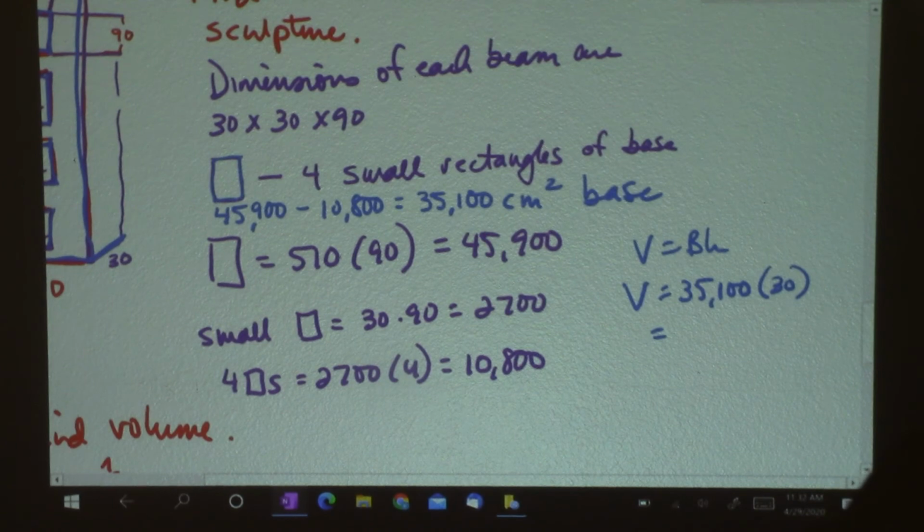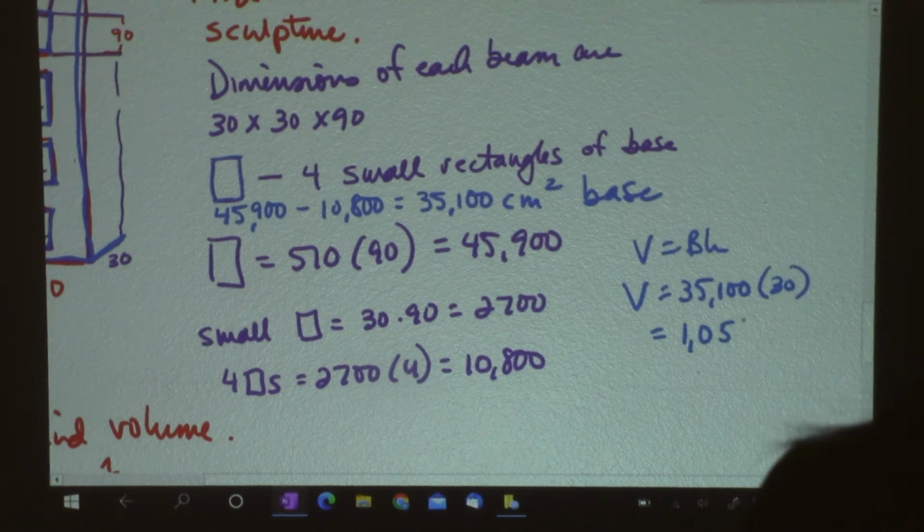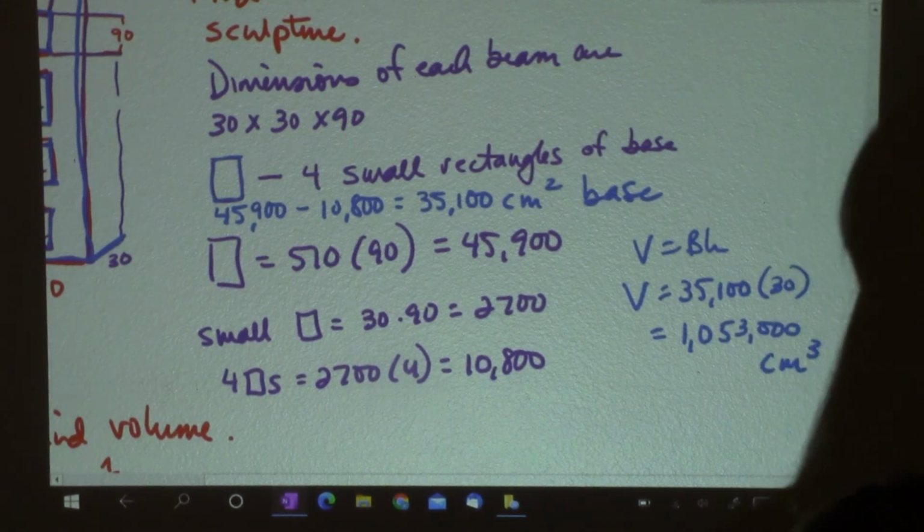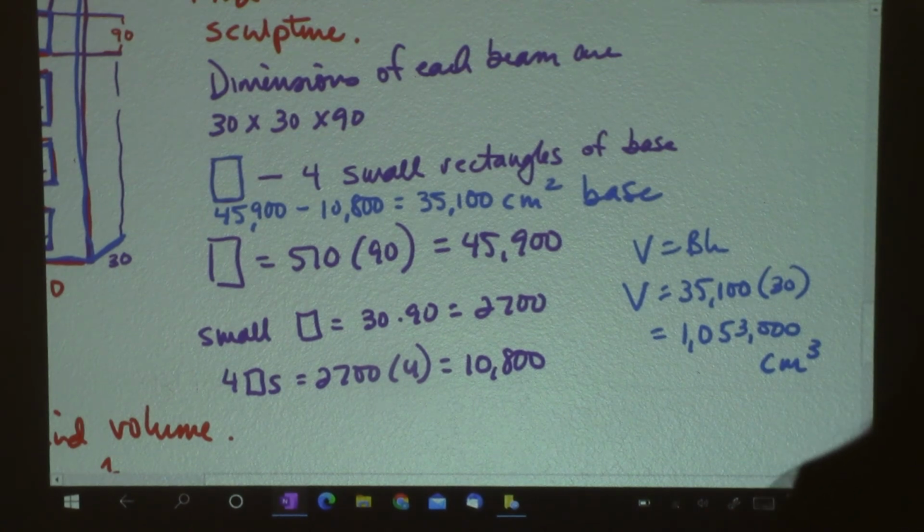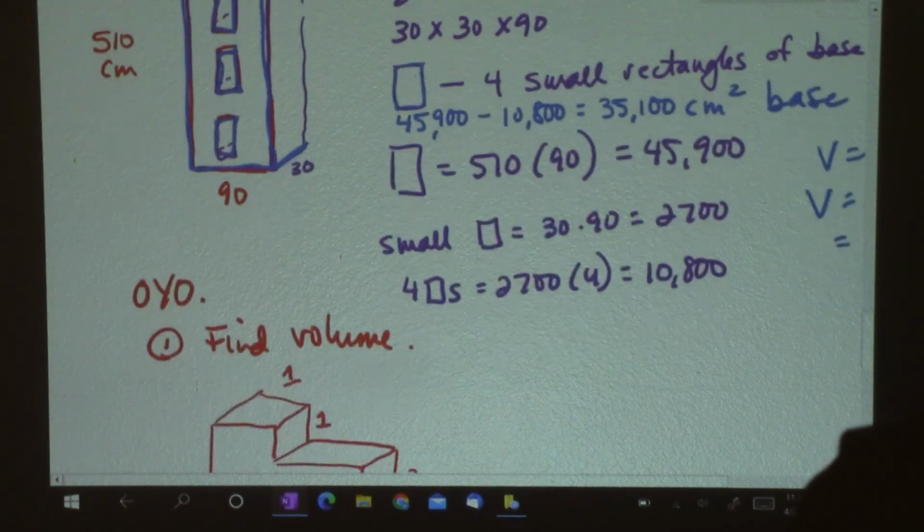So I get a volume of 1,053,000 centimeters cubed. Okay? So with volume, sometimes with these, we take out what's in the middle. There's two ways to do that.